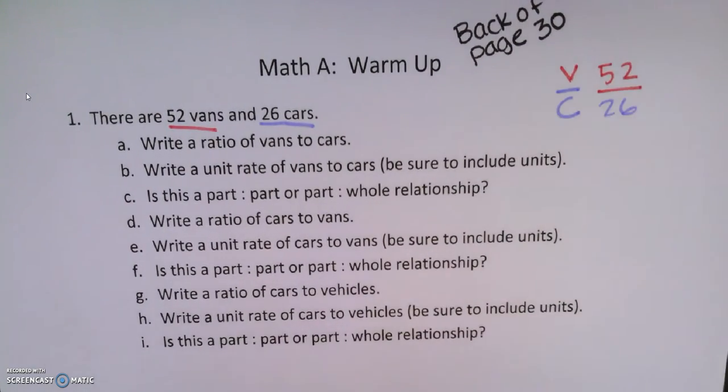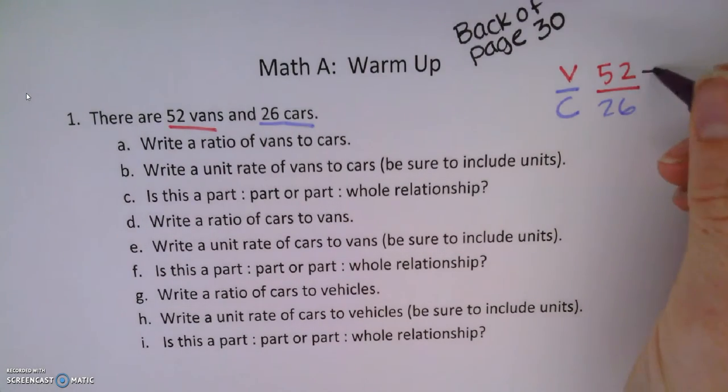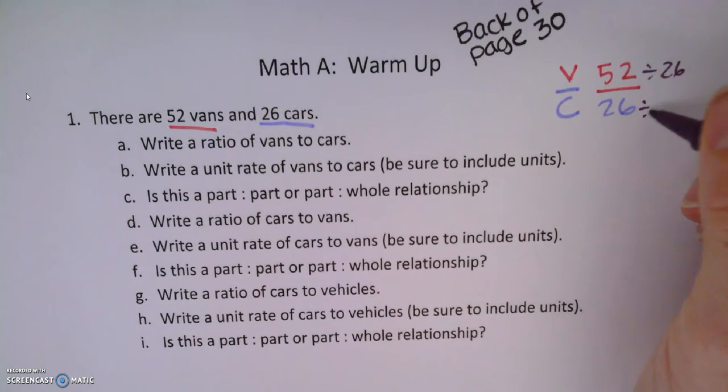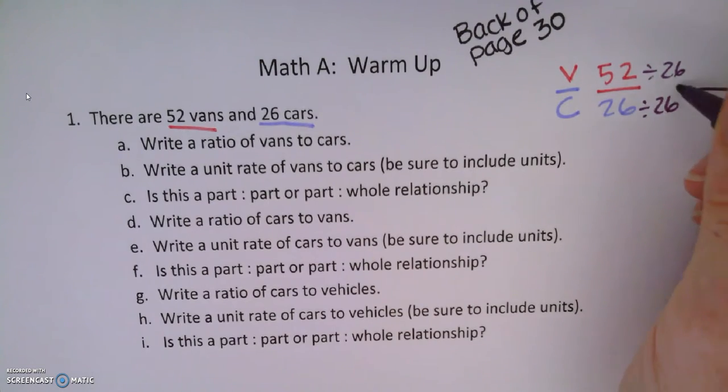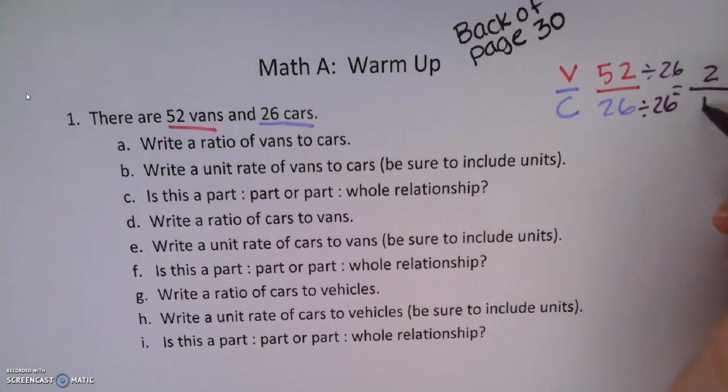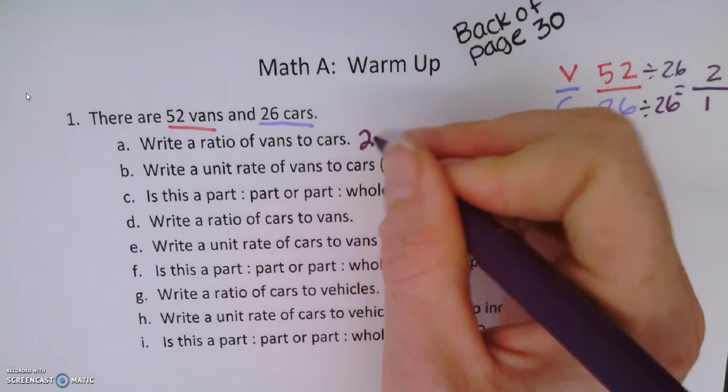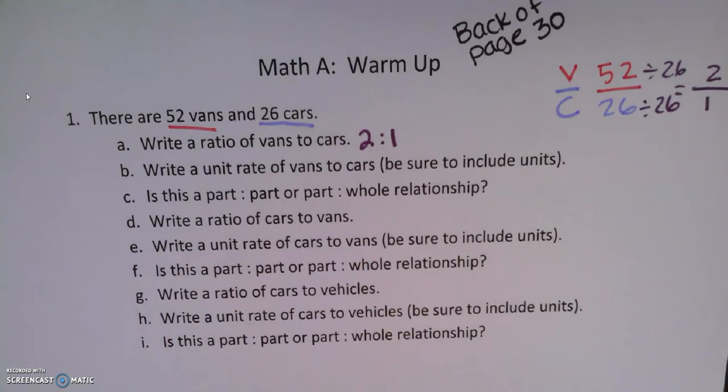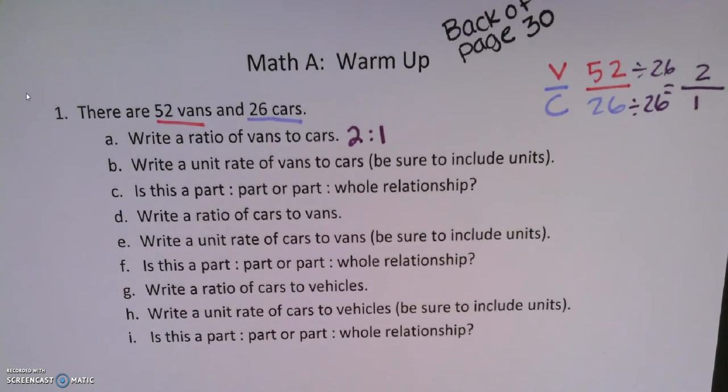Maybe you started dividing by 2 and noticed you could do that again. Maybe you divided by a couple different numbers, but overall I noticed that I could divide both of these by 26, and I noticed that my ratio simplifies to be 2 to 1. The ratio of vans to cars is 2 to 1. And there's a couple ways you could write that ratio, but that's one of them.